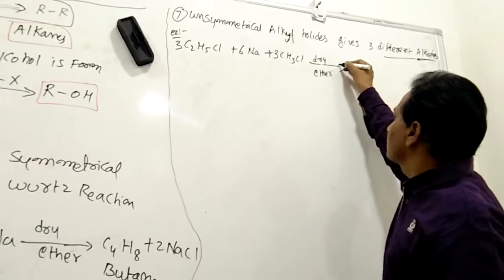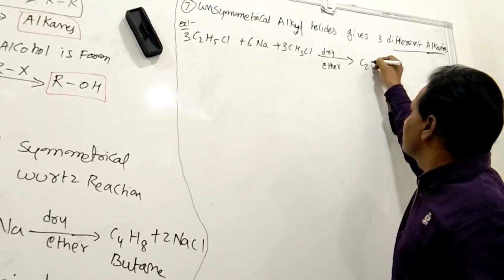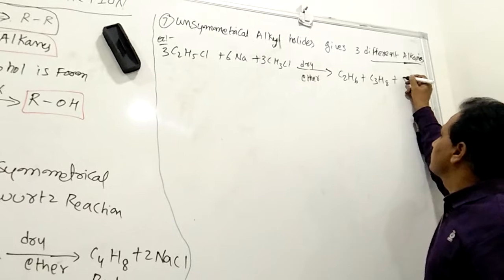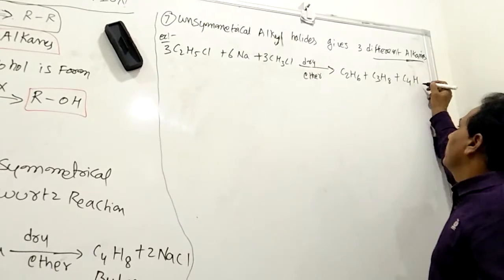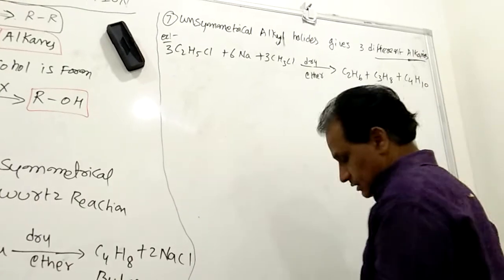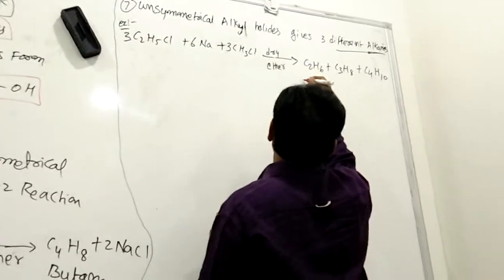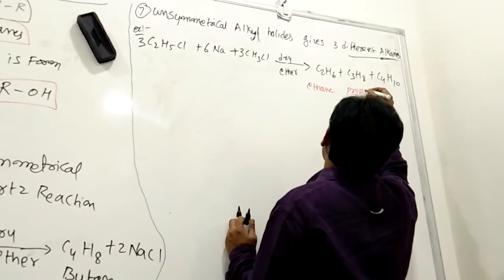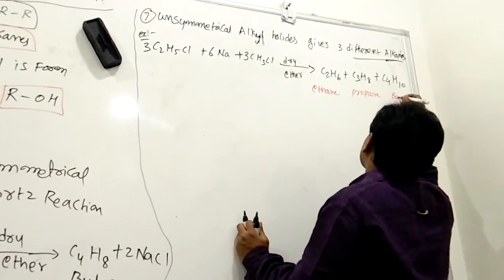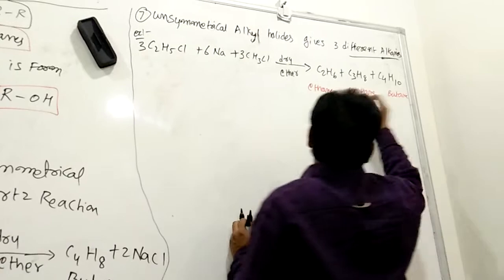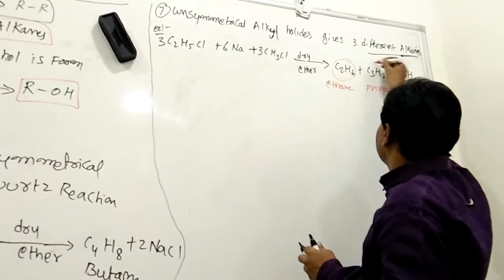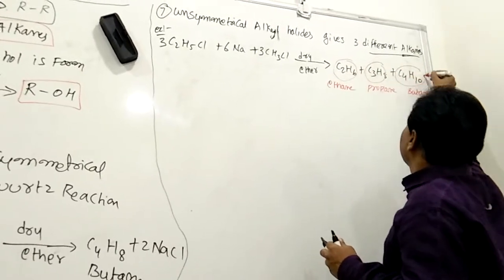They produce ethane, C2H6, plus propane, C3H8, plus butane, C4H10, also produced. Three different alkanes, ethane, propane, and butane, are produced, plus 6NaCl.